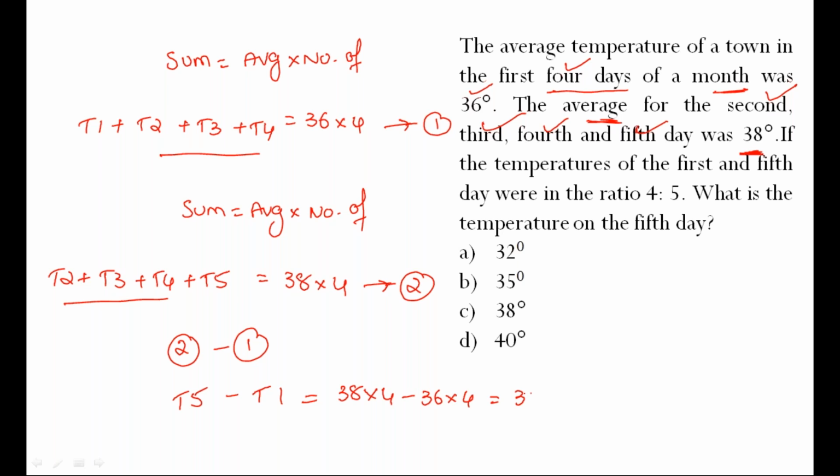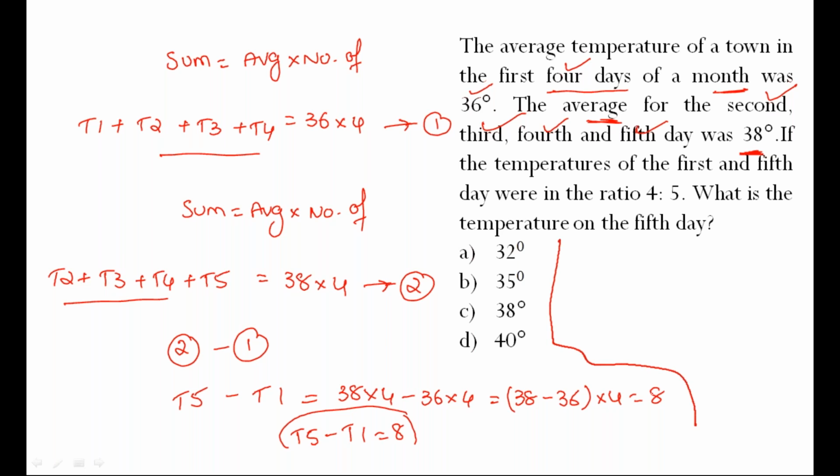We can take 4 common. 38 minus 36 is 2, so it's 2 into 4, which is 8. So the fifth day temperature minus the first day temperature is 8. We just keep this for a while. This comes up in a lot of competitive exams. They'll give the first day temperature, and you have to find the fifth day temperature.